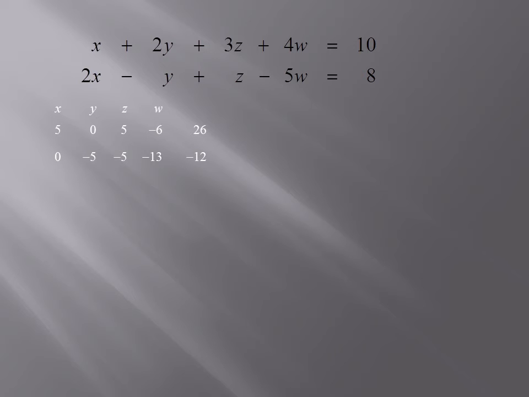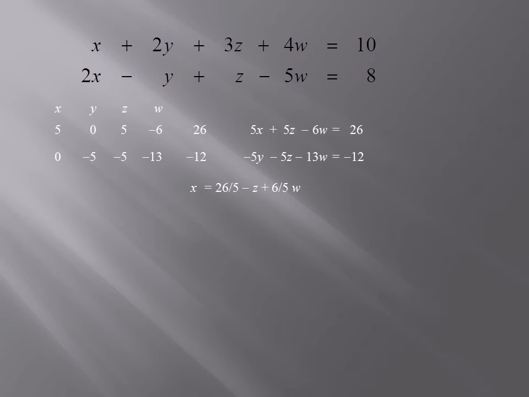Write down the equation for each row. Solve for the leading variable in each equation. From the first equation, x equals 26/5 minus z plus 6/5 w.